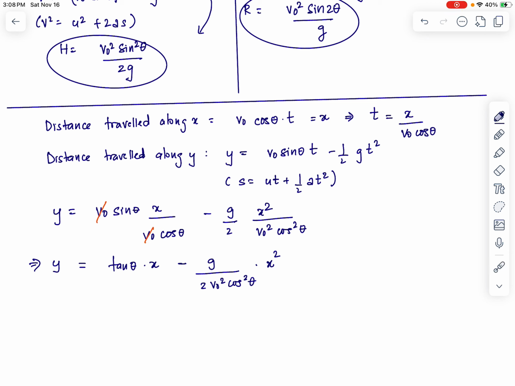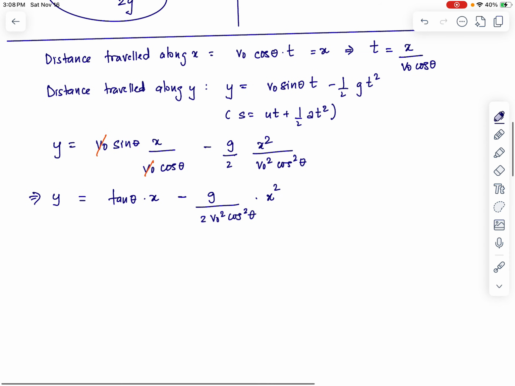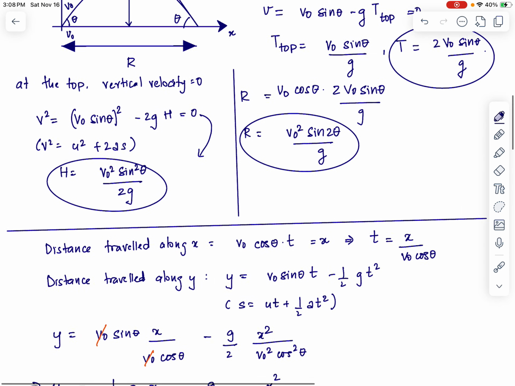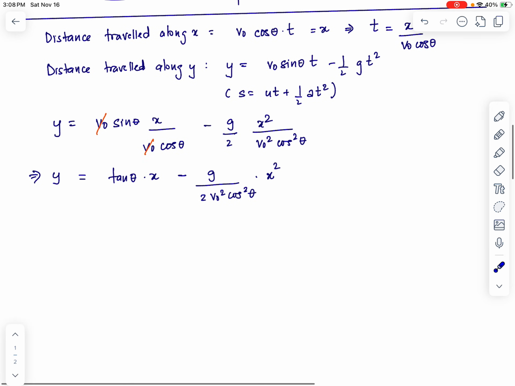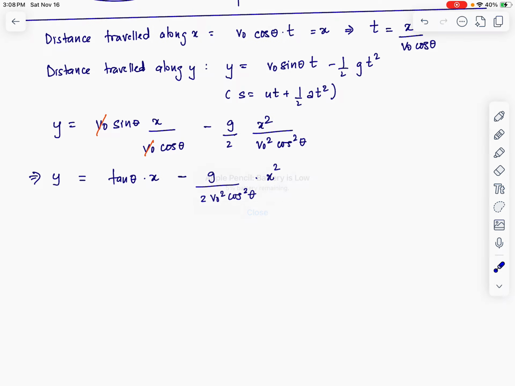Now what we want to do here is find the slope. The slope is nothing but dy over dx equals tan theta minus g divided by v0 square cosine square theta times x.